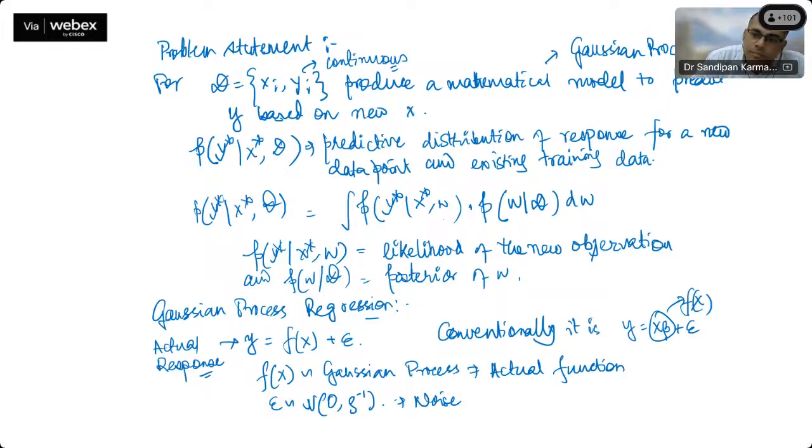Okay, is it okay? So what we are doing here? If we look at the hierarchy, we want to find the probability of W given X, Y, so we have to find this posterior.